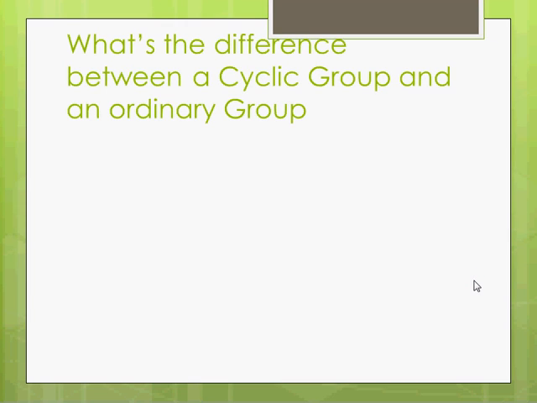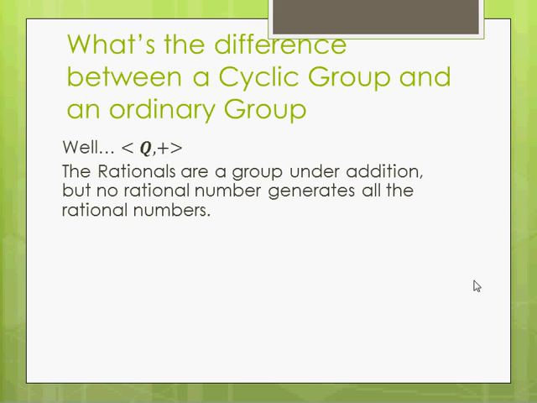Okay. So what's the difference between a cyclic group and an ordinary group? Take the rational numbers under addition. It's obviously a group, but there's no rational number that generates all the rational numbers. For instance, try 1.